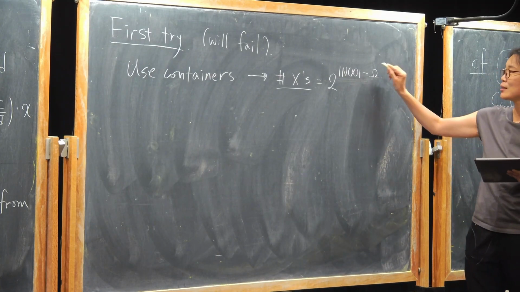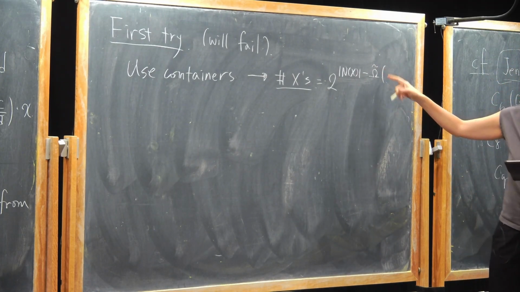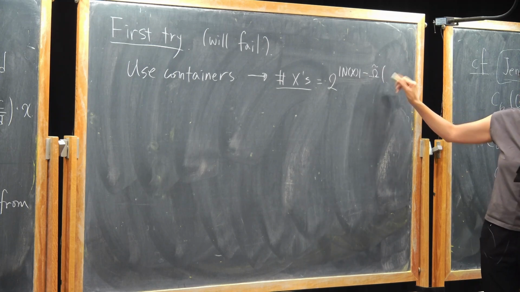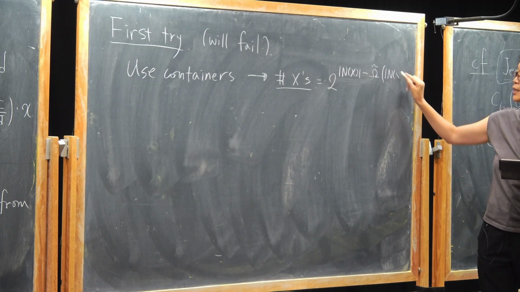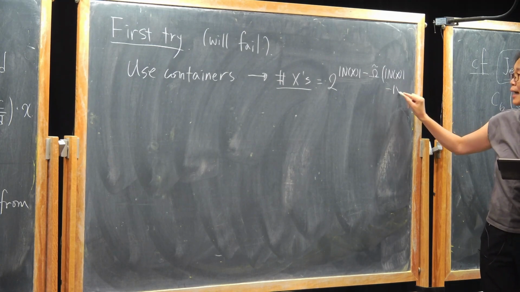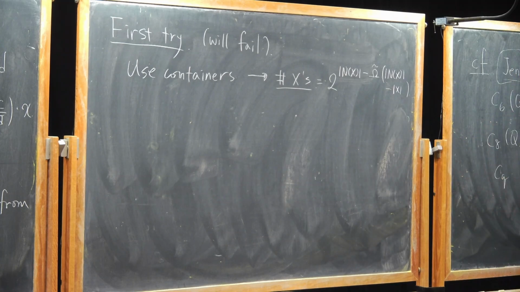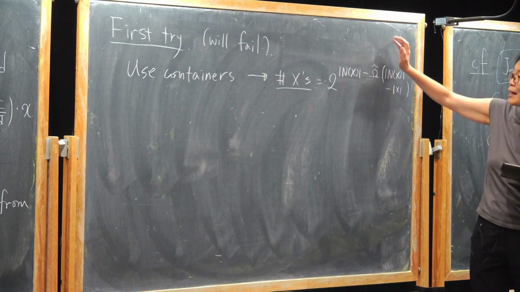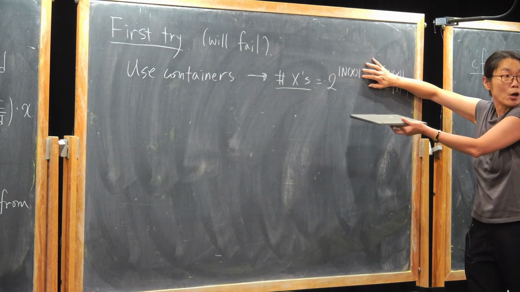I hide some log factors, and here we have the size of the neighborhood of x minus x. Again, if I hide this thing, then this is our benchmark.